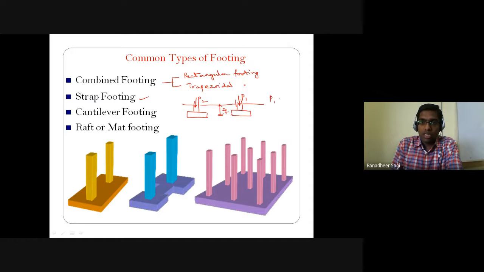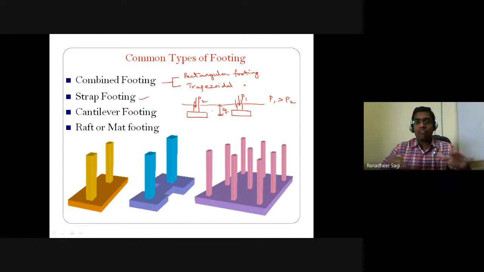If P1 is greater than P2, in order to have uniform pressure distributed from both the footings onto the soil strata, because as P1 load is more, it is obvious that the pressure transferred from the footing taking the P1 load onto the soil is going to be high compared to that of your second footing which is carrying the load P2.